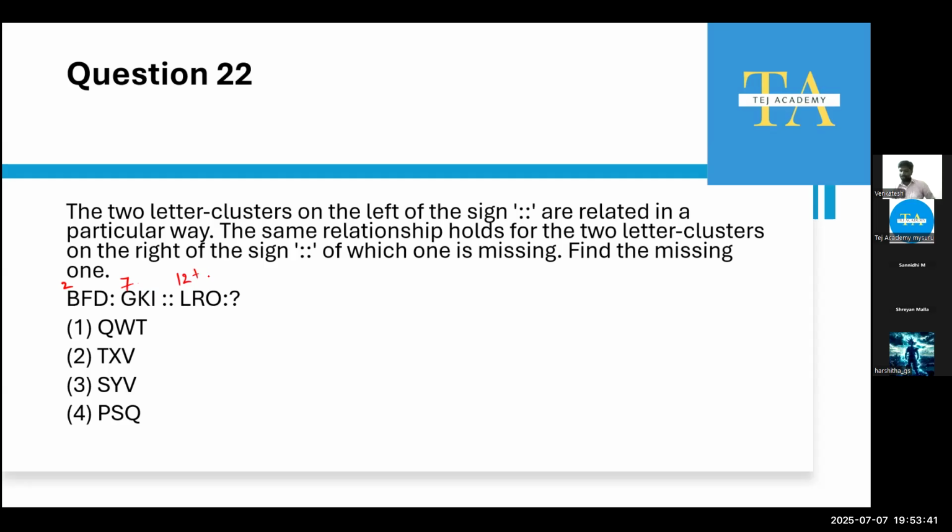If I add 12 plus 5, it is Q, and only one option is there. How is it? 2 plus 5, 7. 12 plus 5, 17. So what is the 17th letter? Q.